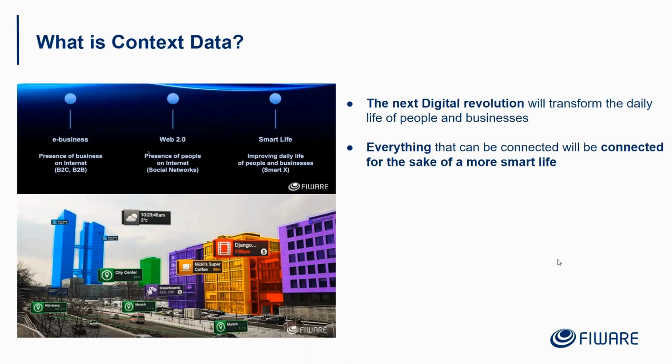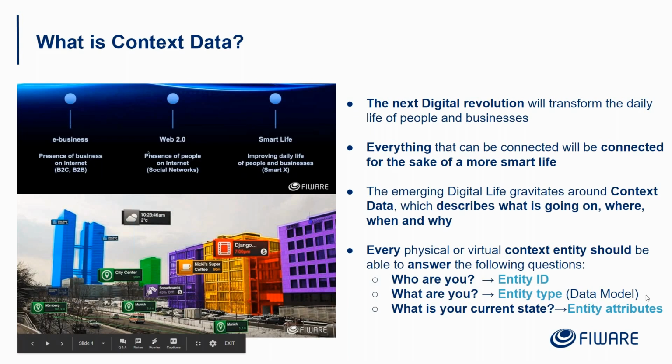So, what is context data? We are approaching a new digital revolution in which everything that can be connected to the internet and can share information will be connected, just for the sake of having a smarter life. This digital life will always gravitate around context data.